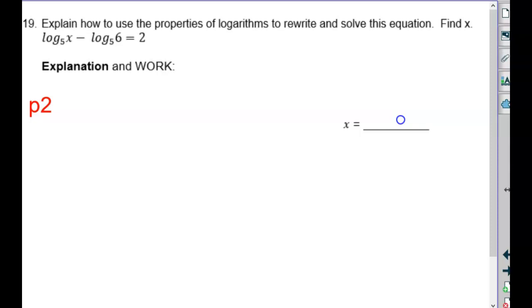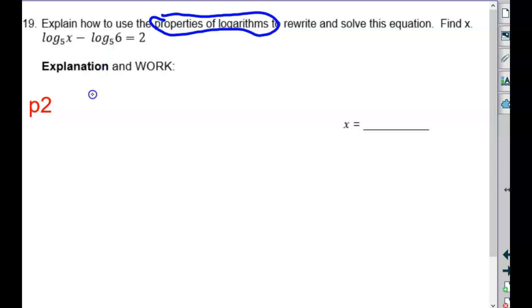This one does require an explanation, and it specifically says, guys, the properties of logarithms. What property of logarithm are you using here? To combine these. Okay. They're both log 5, so what can we do with them? Yes, we can change that to a division.